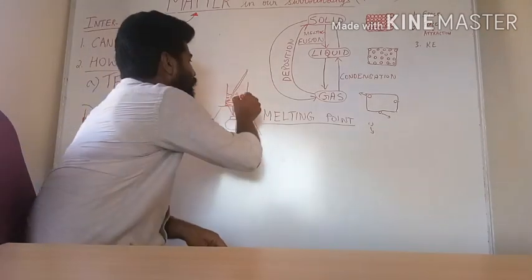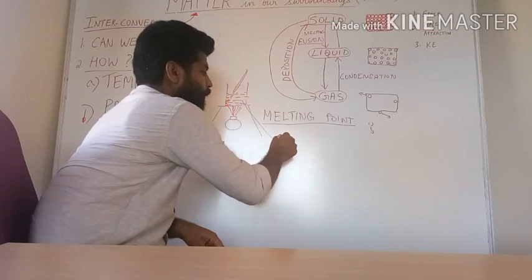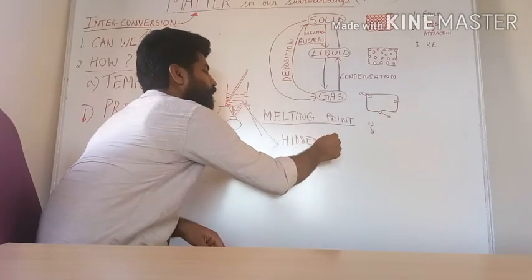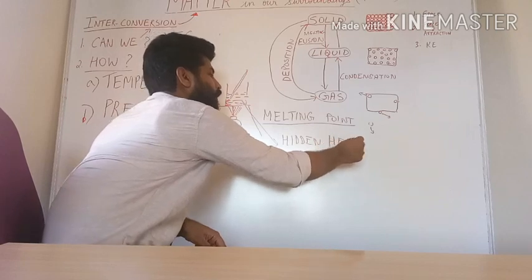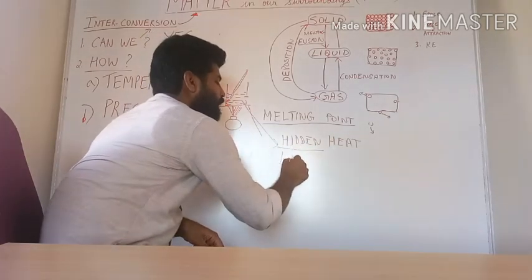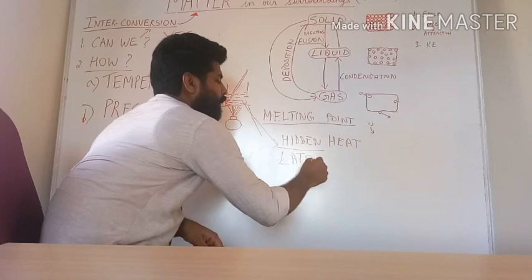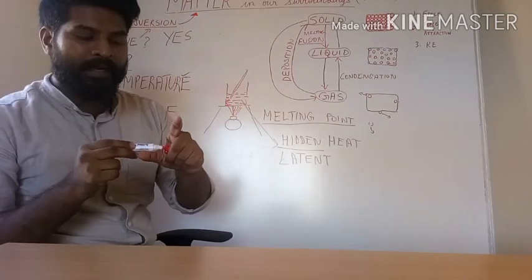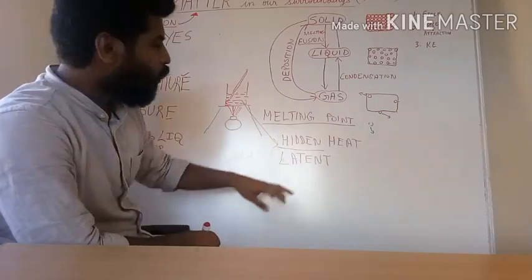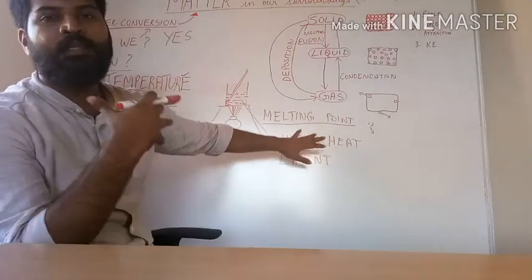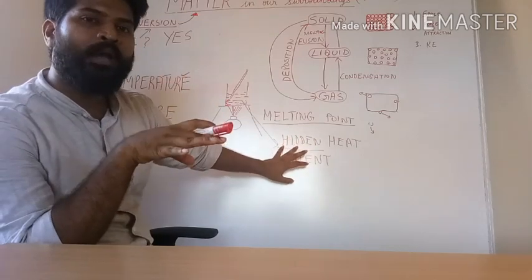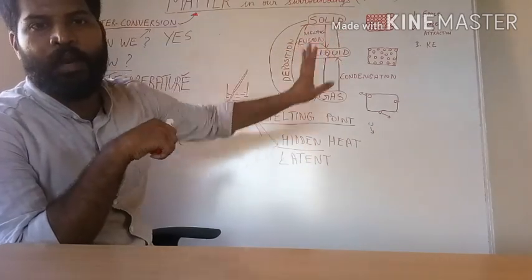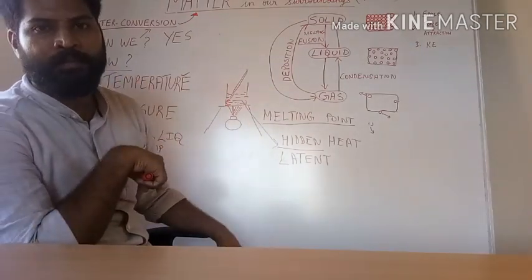This hidden heat is also called latent heat. How will you define latent heat? It is the heat energy required to break the force of attraction between particles. As simple as that.